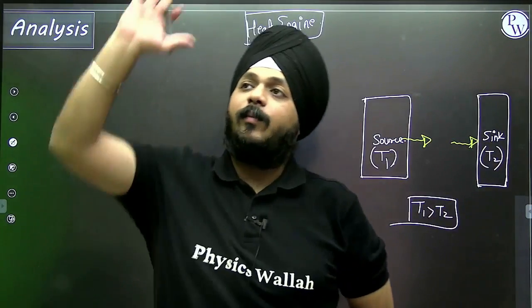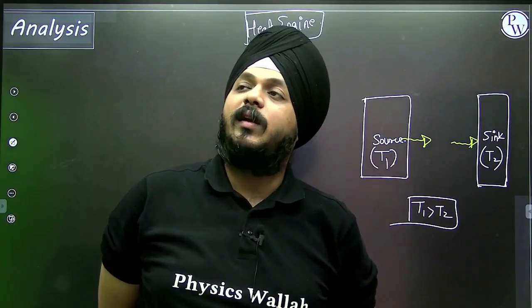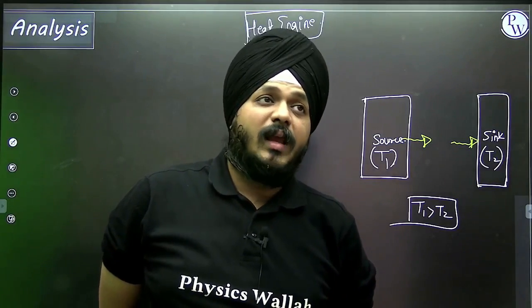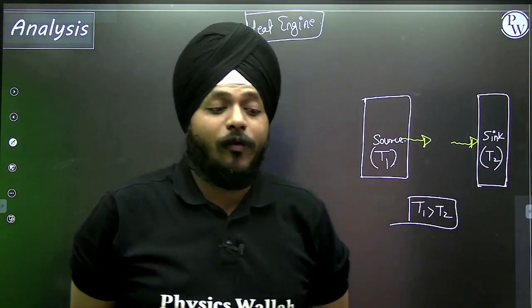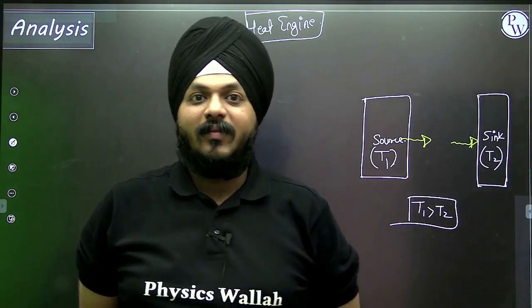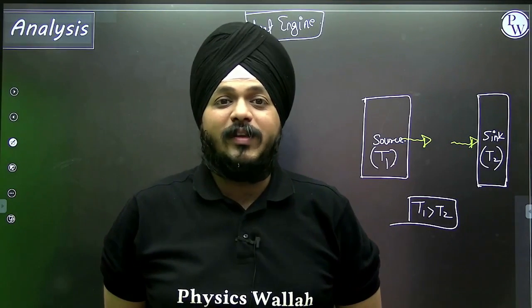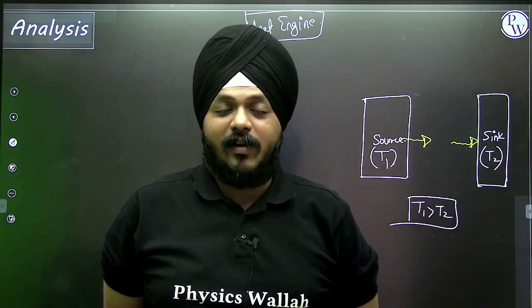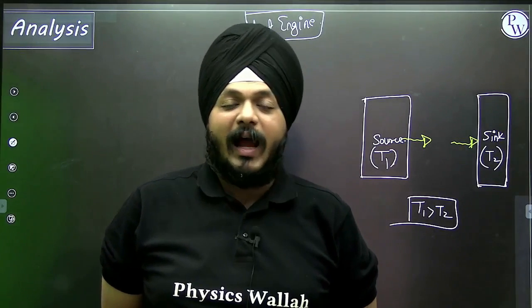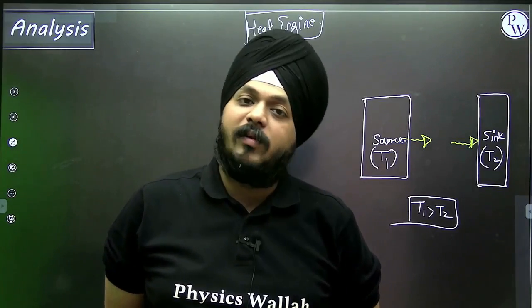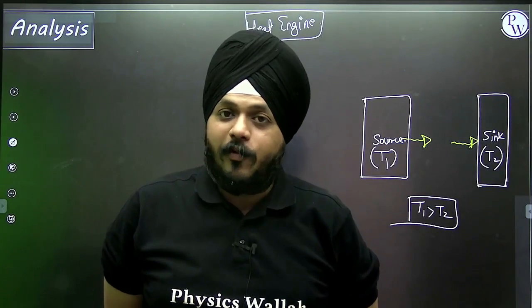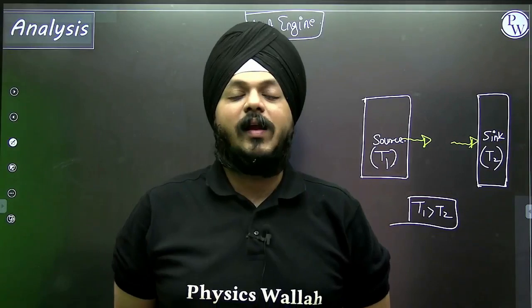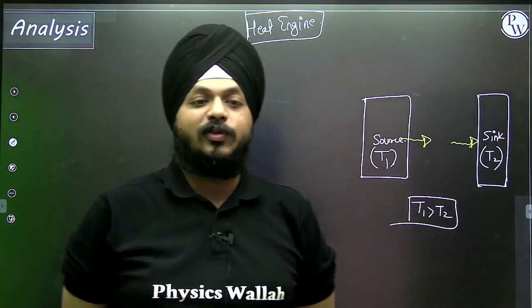At the point of time when the heat engine was about to be invented, we thought, let's take advantage of this natural flow. Suppose two bodies are brought in contact, one at a higher temperature and the second at a lower temperature. Obviously heat is going to flow from the higher to the lower one. Let's take advantage of this natural process.